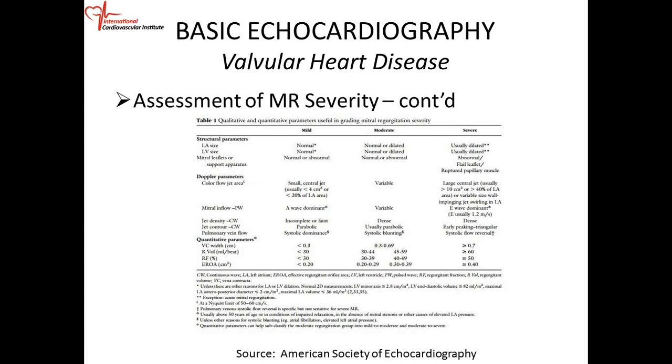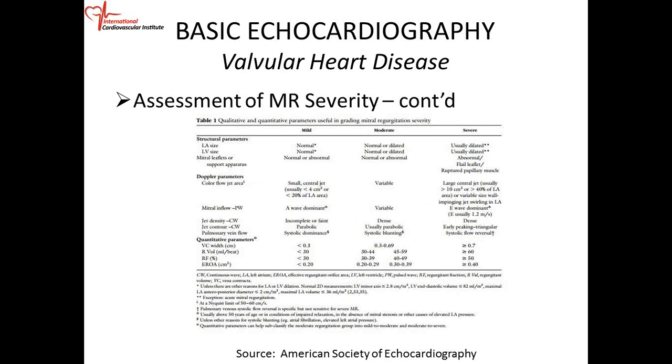So when you have severe mitral regurgitation, what you're saying is that you have a lot of blood flowing from the LV into the left atrium. So a lot of blood is going into the left atrium. In diastole, when the mitral valve opens, then there's a lot of blood flowing from the left atrium back into the LV.